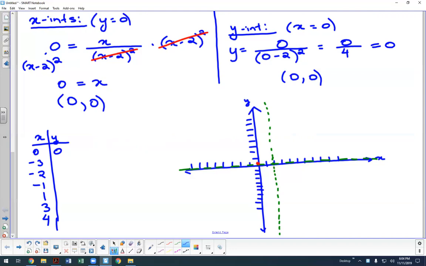So that would be -3 divided by, in parentheses, -3 minus 2 quantity squared. Okay, what will we get for -3? -0.12. -0.12 as a fraction, that's -3 out of 25.